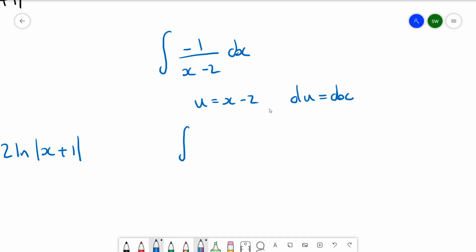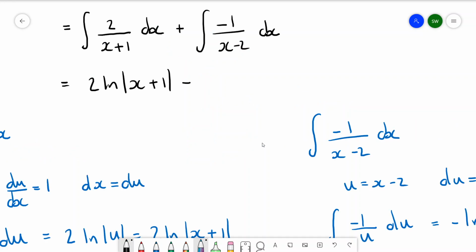So our integral will be minus 1 over u, and we can replace dx with du. If we integrate this, we're going to get minus log of u. But u is x minus 2, so we're going to get minus log of x minus 2. And then we just need to add on our constant of integration, and this is our answer.